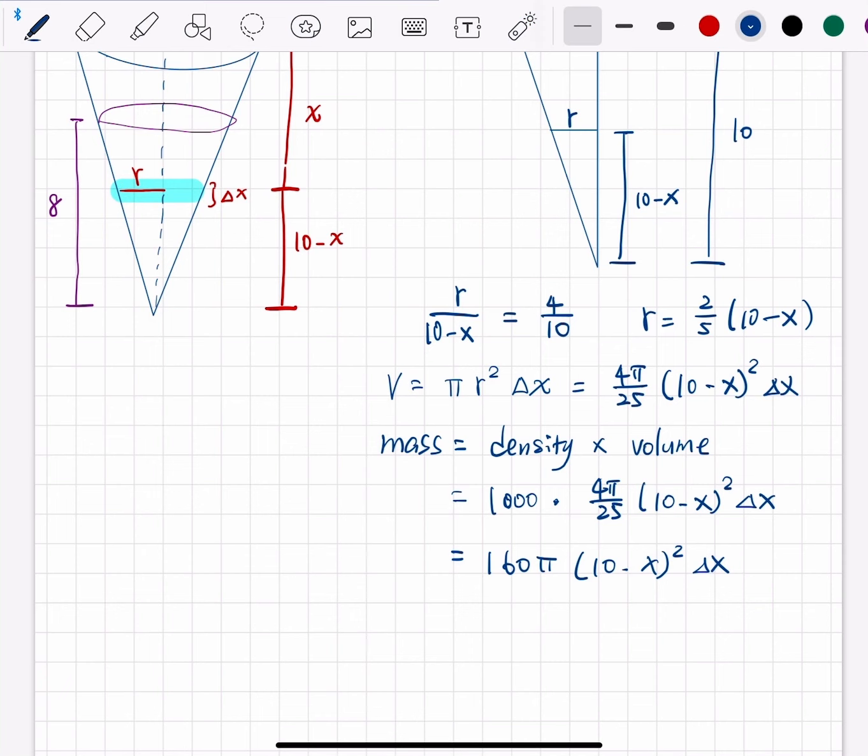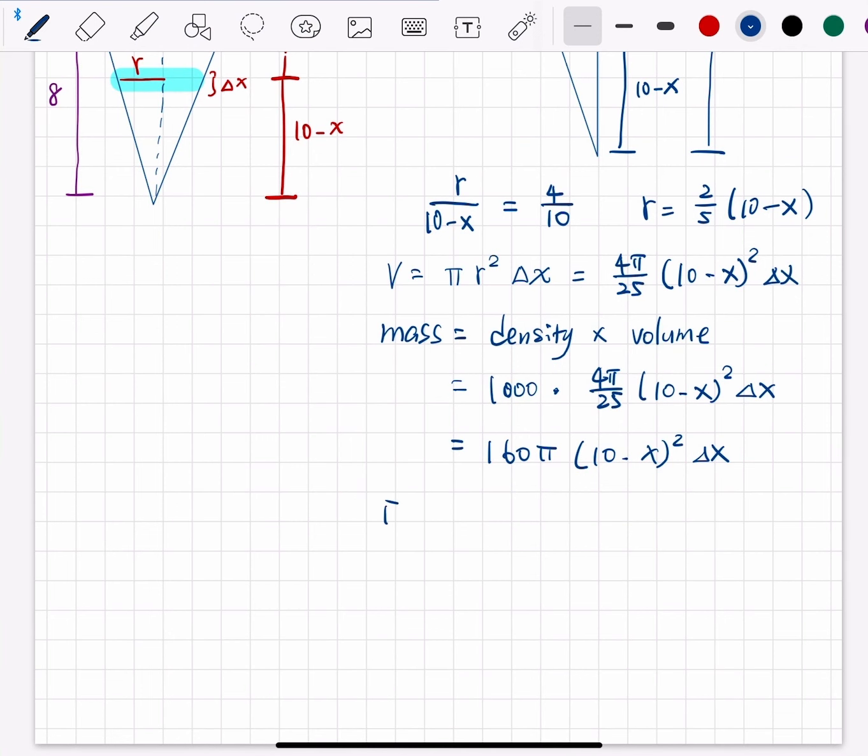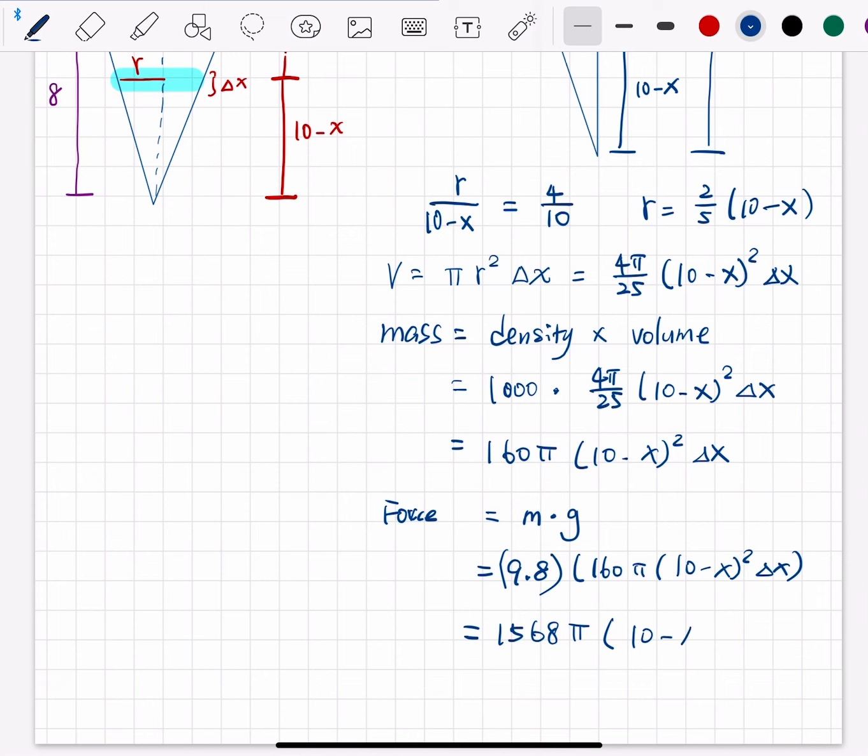Once I have the mass, now I can finally talk about the force. The force is going to be the mass multiplied by gravity, which is 9.8. So 9.8 multiplied by 160 pi times 10 minus x squared delta x, which gives us 1568 pi times 10 minus x squared delta x.